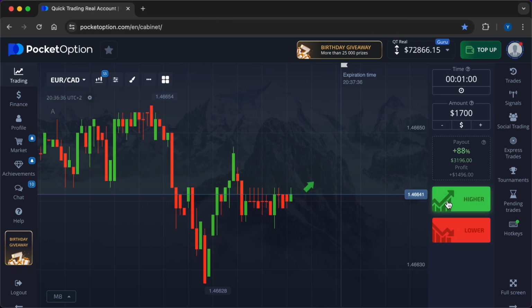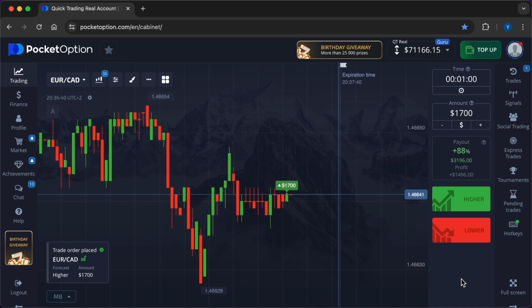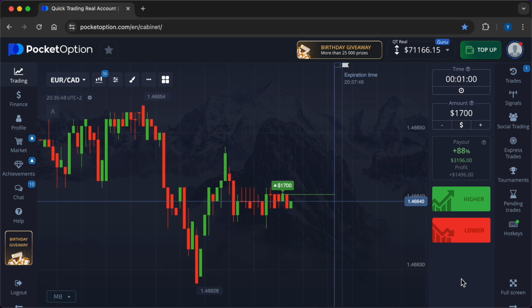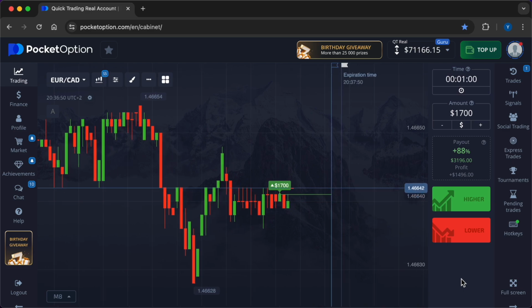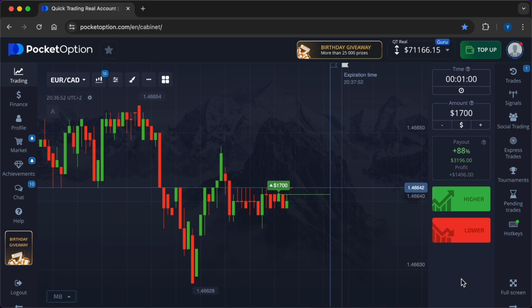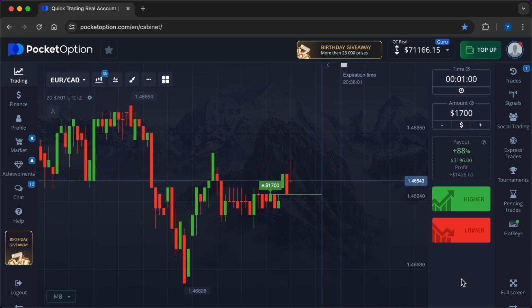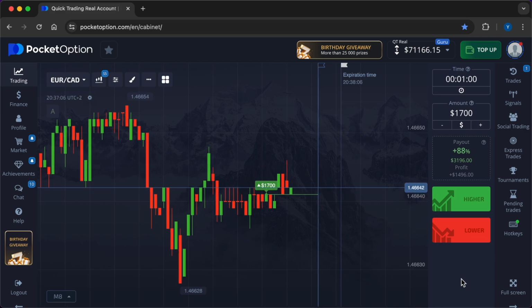Higher. Now I want to tell you about the impact of economic news on currency pairs. Economic indicators are statistical metrics used to gauge the health of an economy. They are closely monitored by traders and can cause significant market movements. Here's how some of the primary indicators can affect currency pairs. As the broadest measure of an economy's performance, GDP data can cause large swings in currency values. Higher than expected GDP figures typically strengthen the corresponding currency, while lower figures can weaken it.